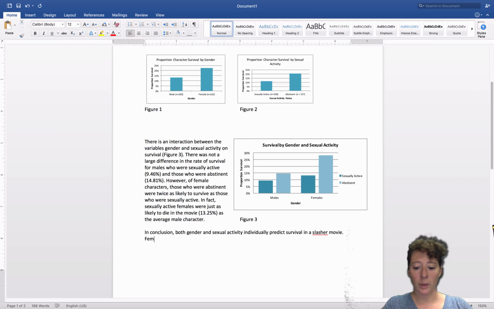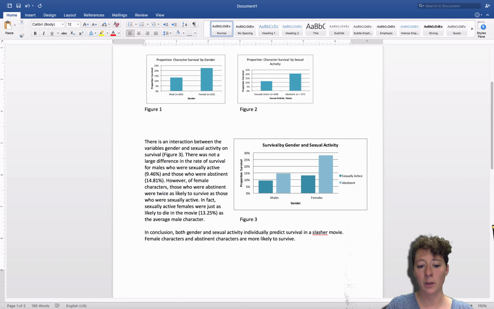Specifically, we want to point out what differences we did find. Female characters and abstinent characters are more likely to survive. Then we want to talk about what we found when we compared the influence of each variable on one another.